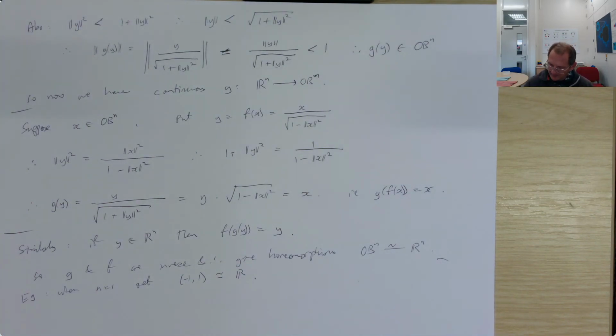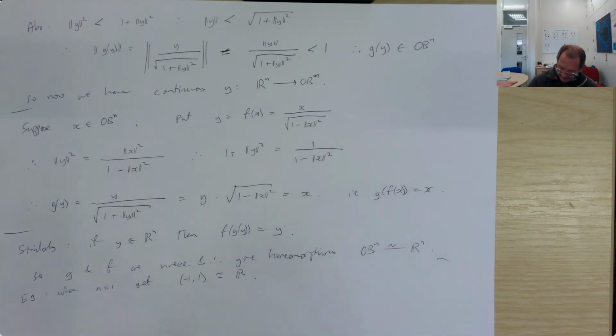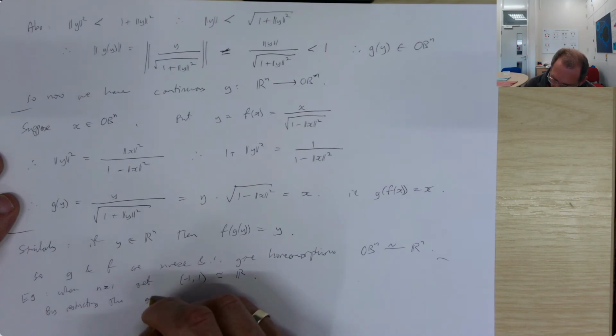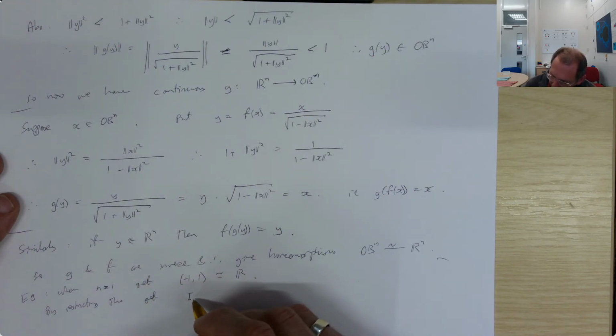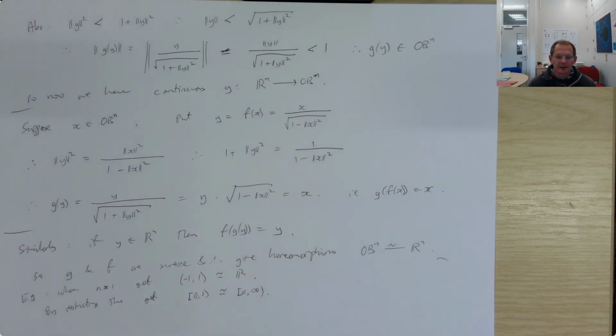And so in particular, in the case where n is 1, we get a homeomorphism between the open ball in R1, which is just the unit interval from -1 to 1. That's homeomorphic to the reals. And by restricting this, just looking at the positive parts here, you can check that the half open interval from 0 to 1 is homeomorphic to the half open interval from 0 to infinity.